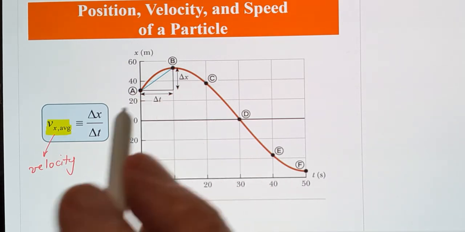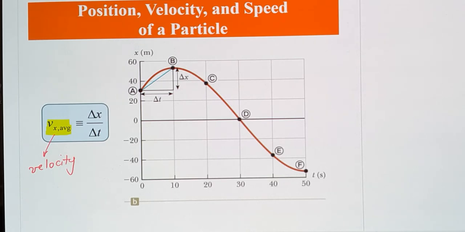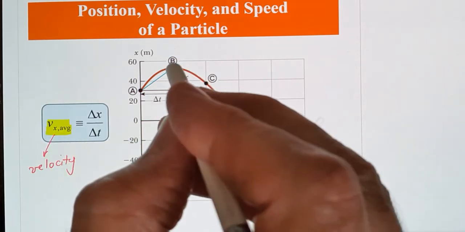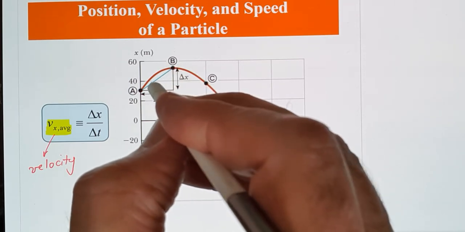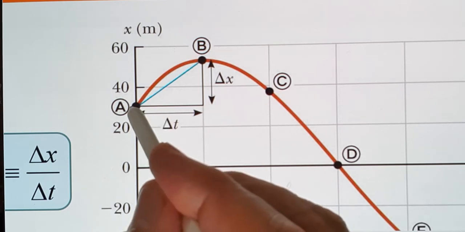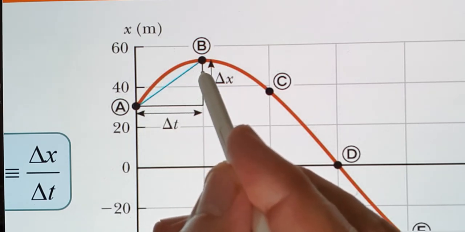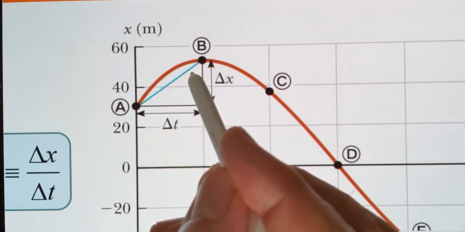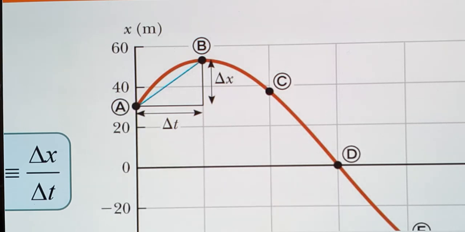Again, pay attention, the average velocity here is just a straight line. But the actual motion is not a straight line. So here we are talking about the average velocity, the average motion, not the instantaneous velocity.